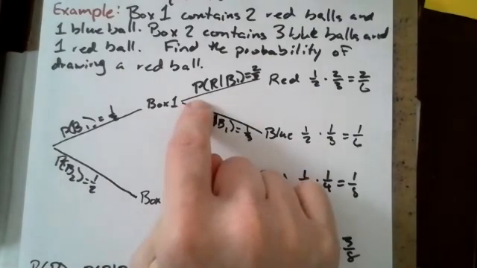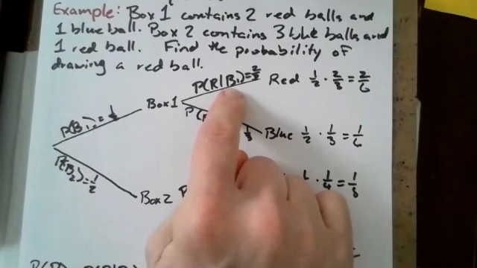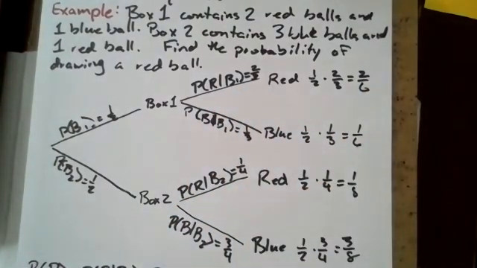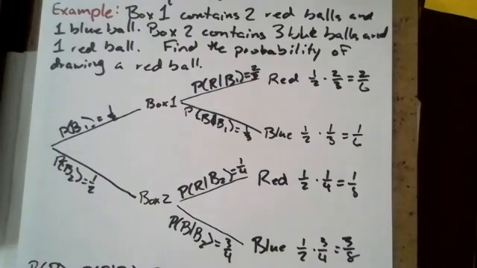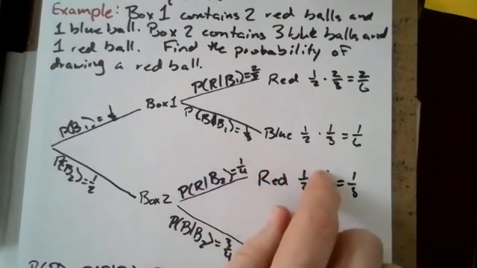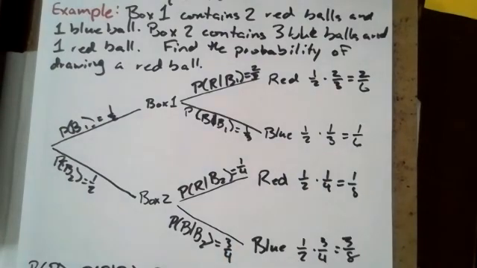Then the probability of getting a red ball from box 1 is, that should be 4/6, not 2/6. No, that should be 2/6. It's 1/2 times 2/3, so that's 2/6. The probability of getting a blue ball from box 1 is 1/2 times 1/3, which is 1/6.